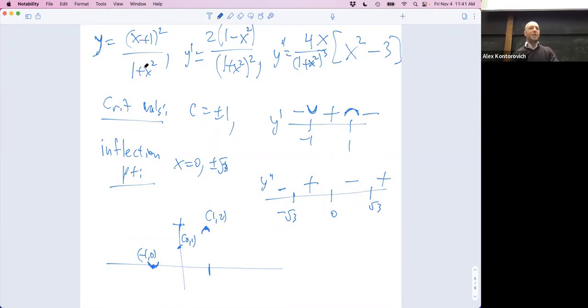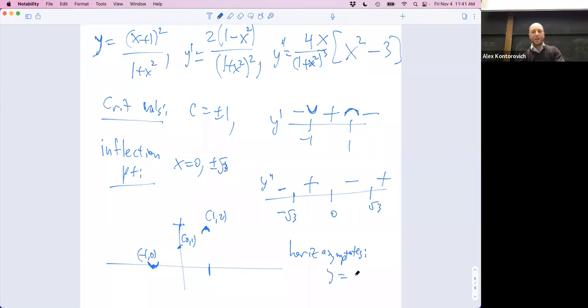What's going on as x goes out to infinity? Asymptotes, horizontal or vertical. So what are my horizontal asymptotes? What's the largest exponent? I have x squared on top, I have x squared on bottom. So the ratio of those is 1.